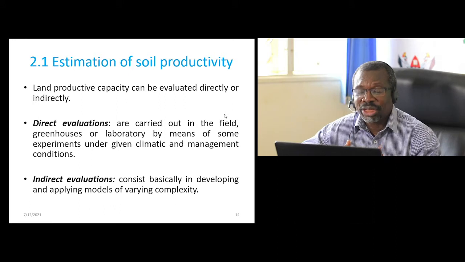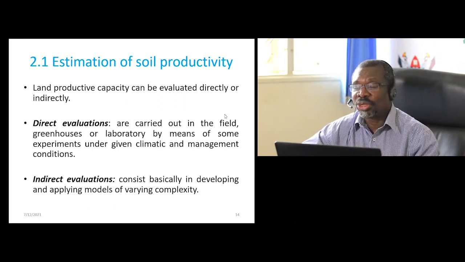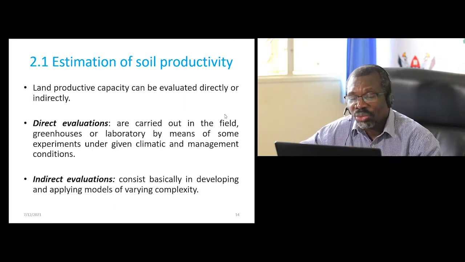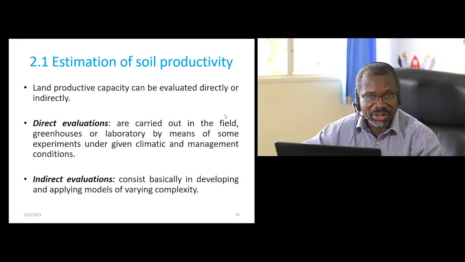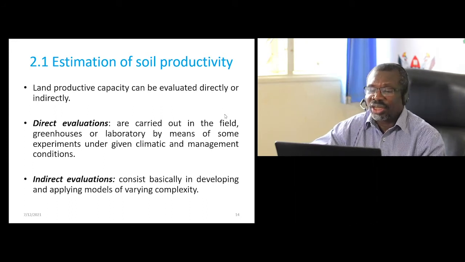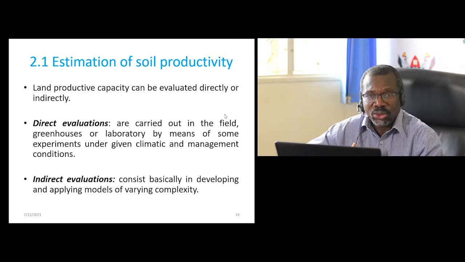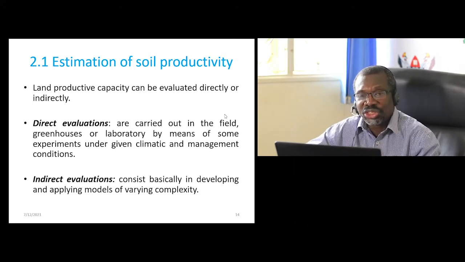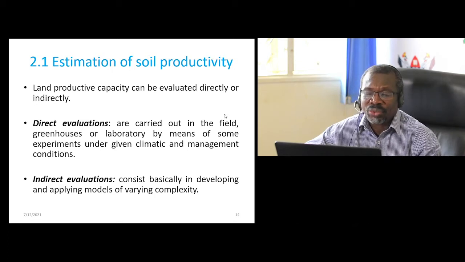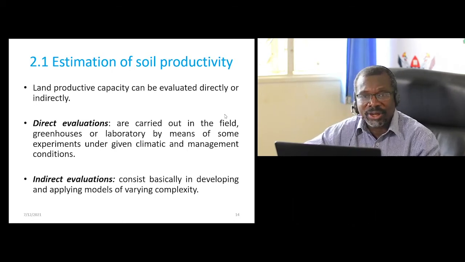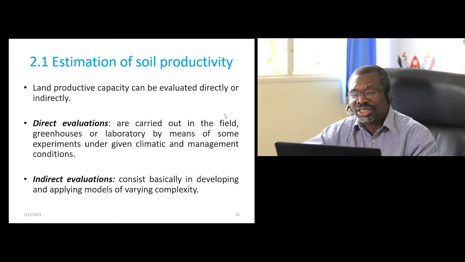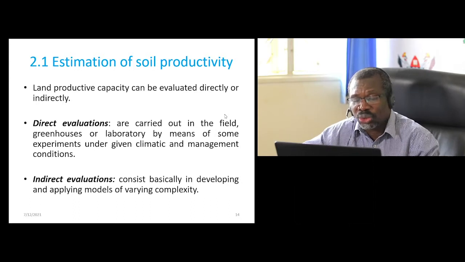The direct methods can be done in the field, in greenhouses, or in the lab, using some form of experiment under given climatic and management conditions.